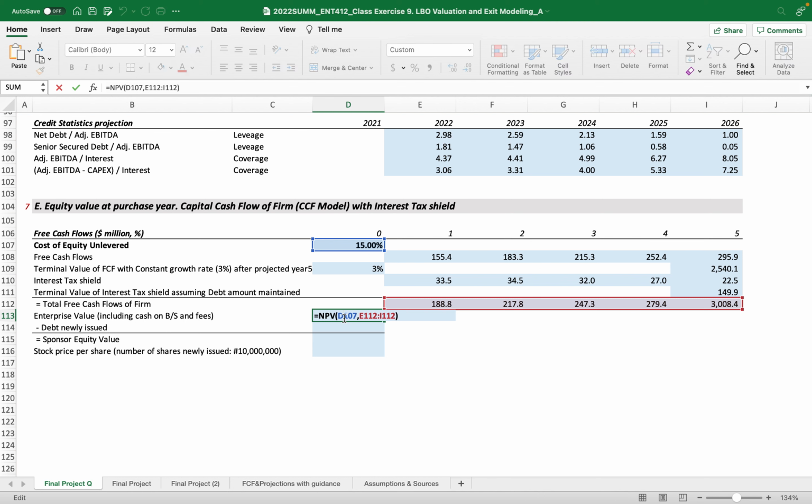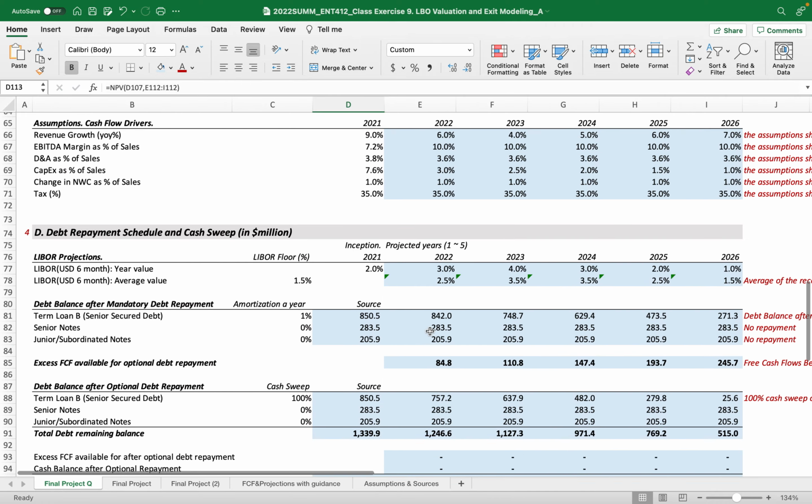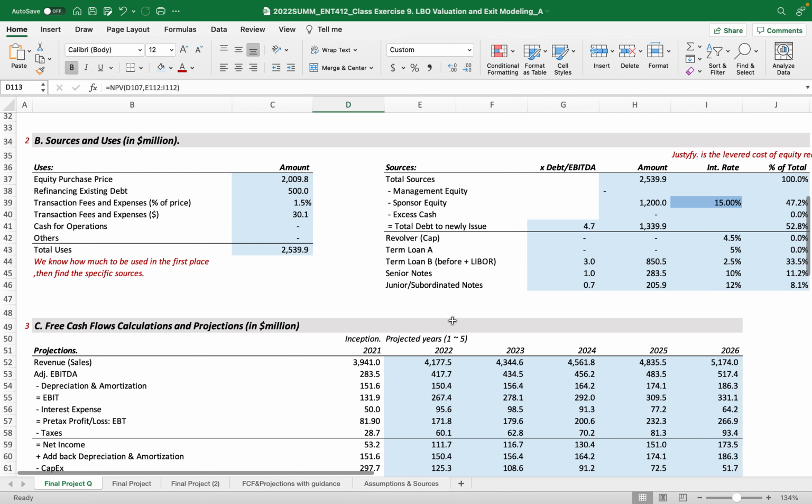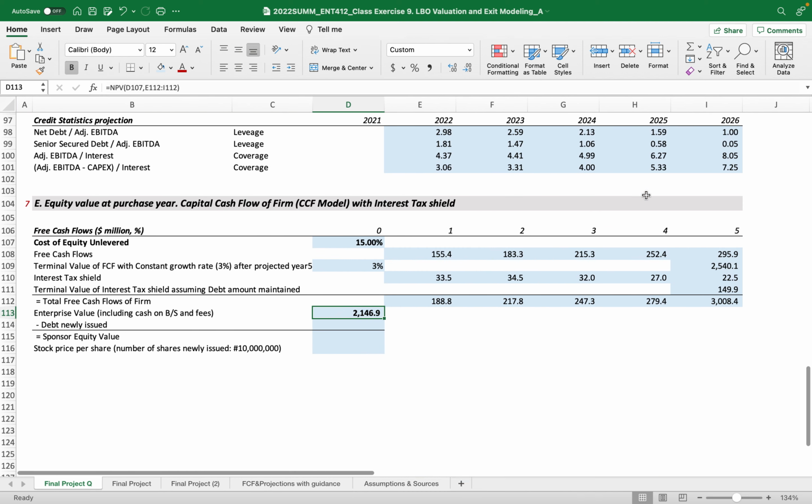Just give me a second to check if we got the right number or not. Okay, so this enterprise value must be the same as the total sources, or very close, right?